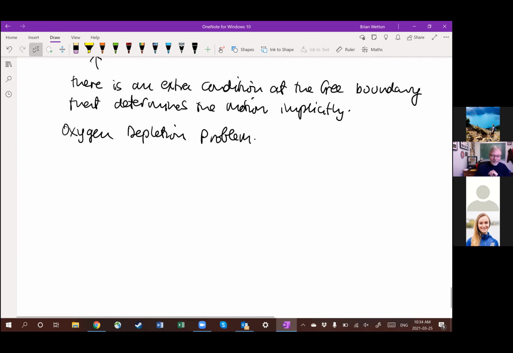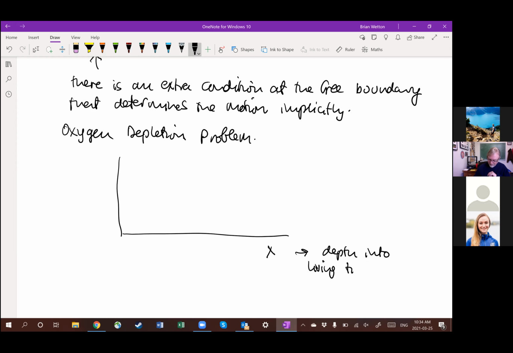Okay, I'm going to just write down the scaled version of it now. So I'm going to have an X, and this is going to be a depth into living tissue. It's a math biology or a medical physics application. At X equals 0, I'm going to have a capillary.